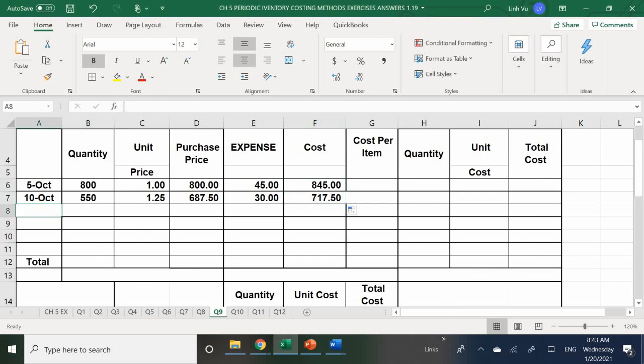So what's my purchase price here? $1,575, and then $50 freight, bringing it to a total of $1,625. Okay.